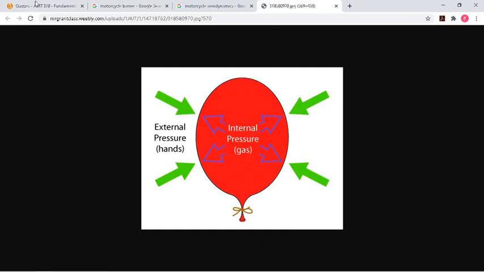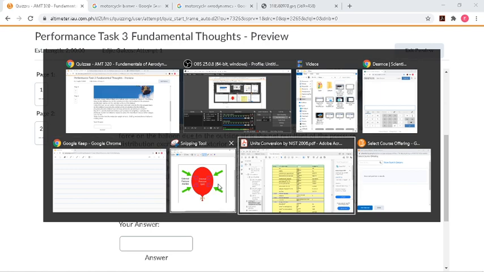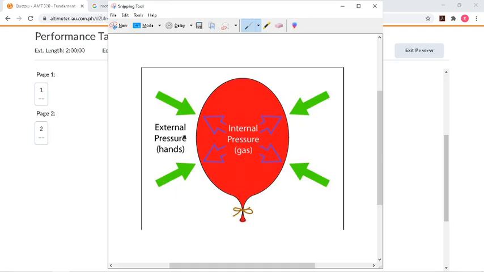So imagine this balloon right here. This balloon of a given volume has an internal pressure with a gas inside it. So the gas here is helium, where the gas outside is air.